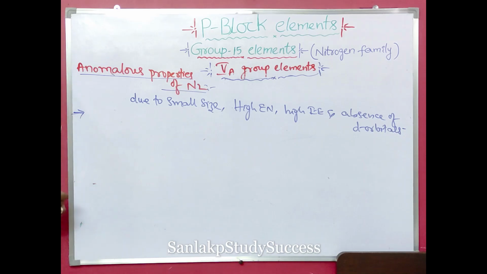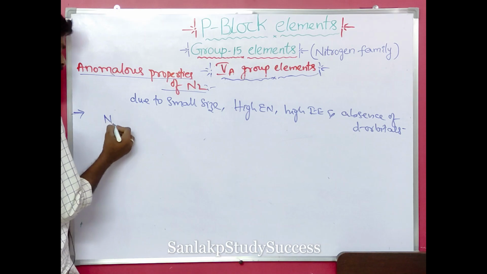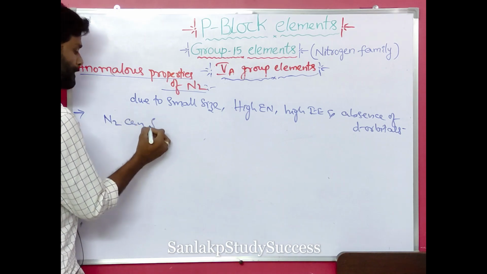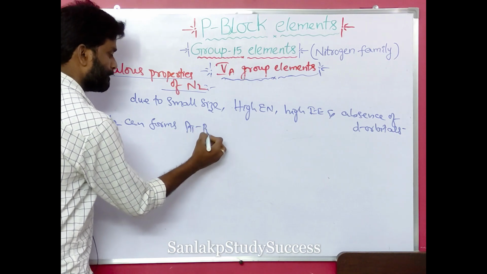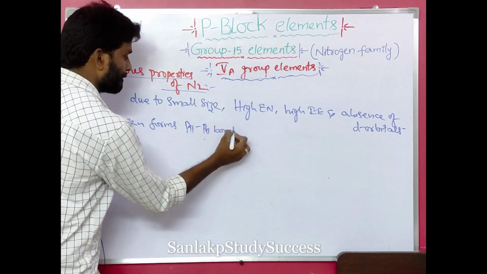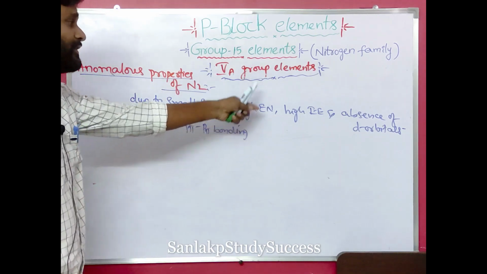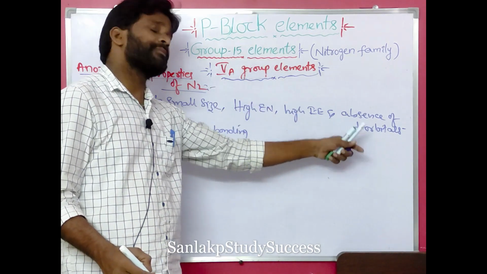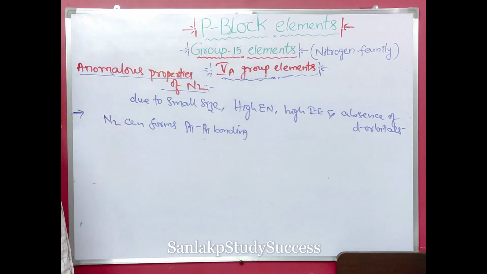Now nitrogen can form p-pi bonding, due to small size, high electronegativity, high ionization energy and absence of d orbitals.